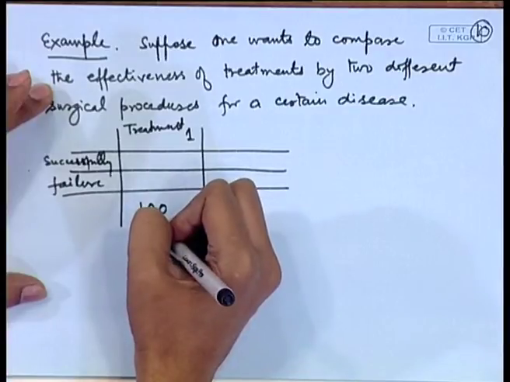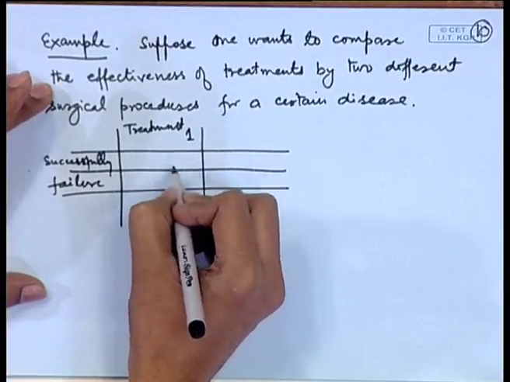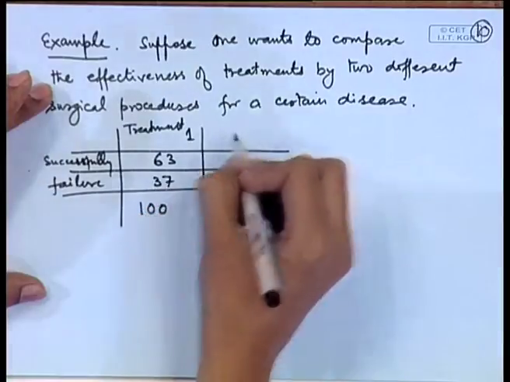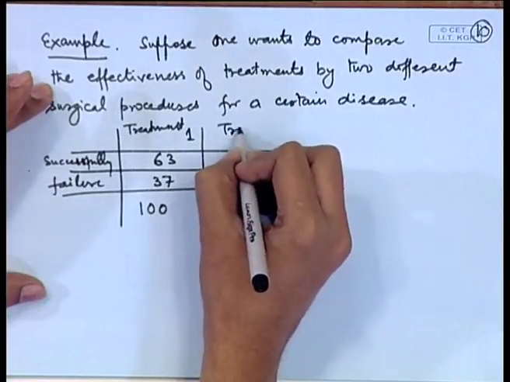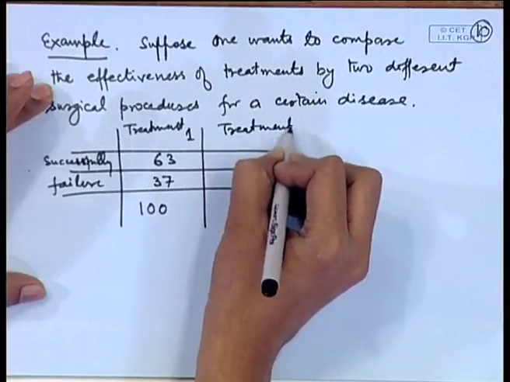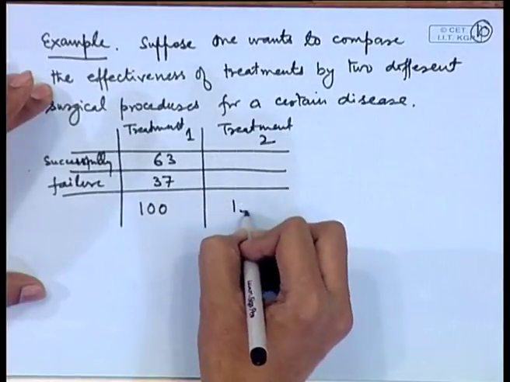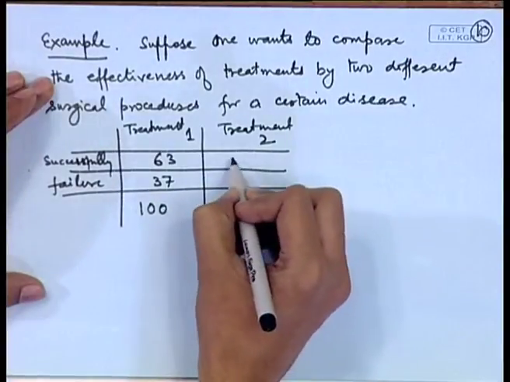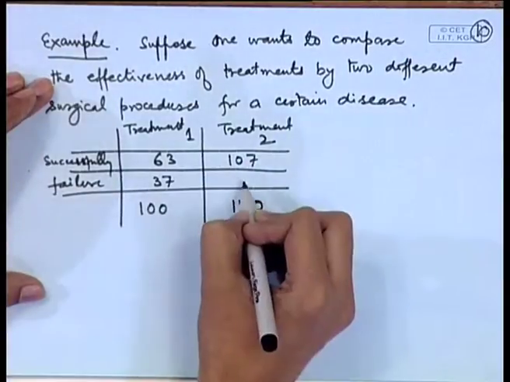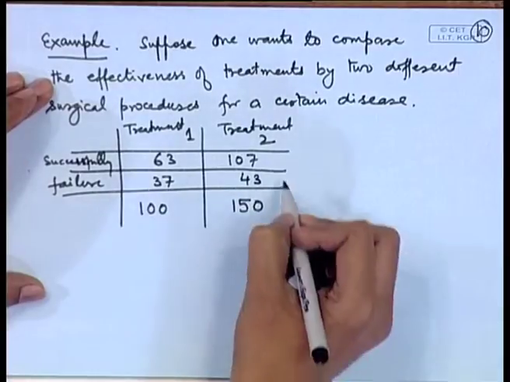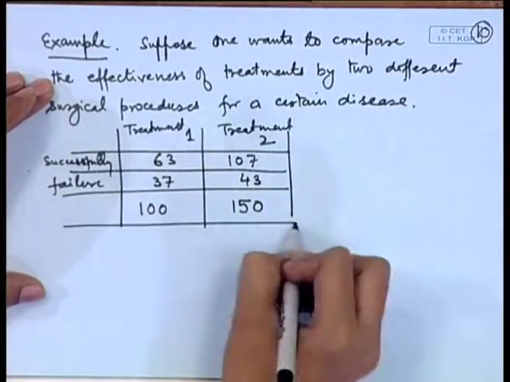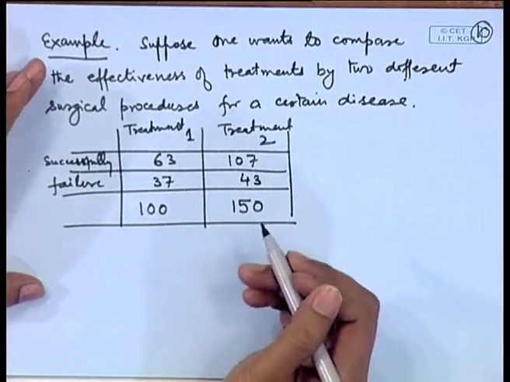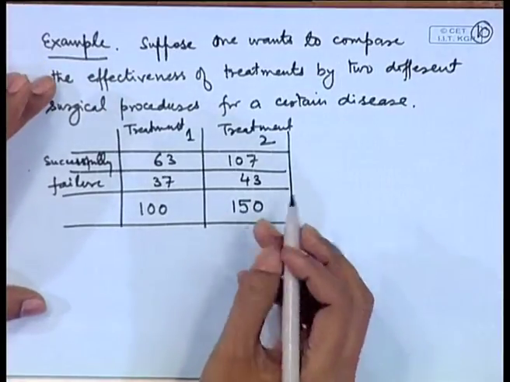Suppose out of 100 here, it turns out that 63 are successfully treated, 37 are unsuccessful. Whereas, using the treatment procedure 2, suppose 150 patients were given this procedure, out of that 107 were successfully treated and 43 are not successfully treated. That means, on them the surgical procedure did not yield any positive result.